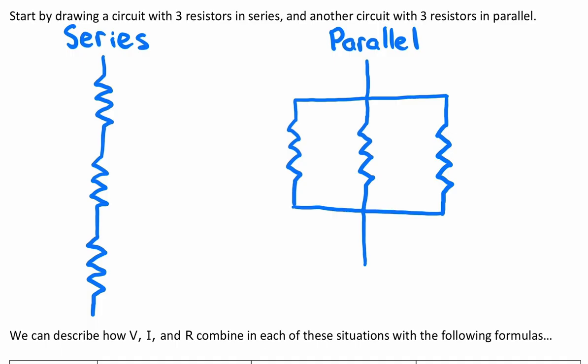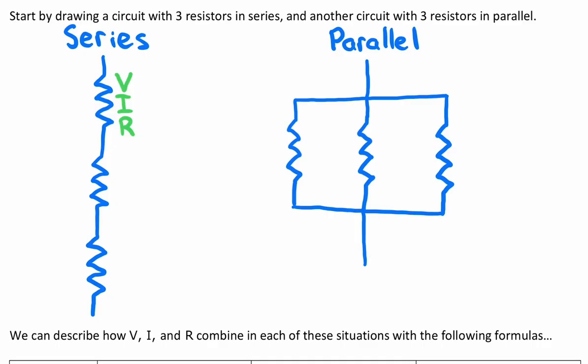Now, in each of these situations, I could ask myself about a number of quantities in each of the resistors. For each resistor, I could ask about the voltage, the current, and the resistance.